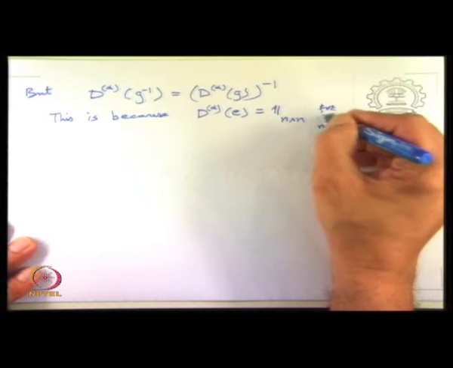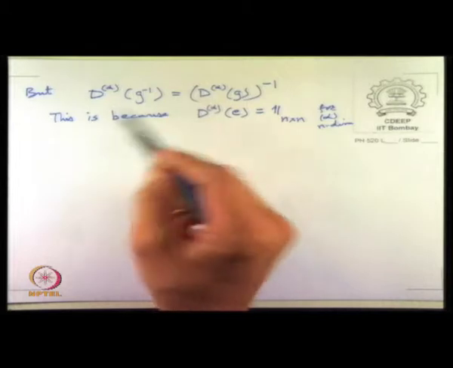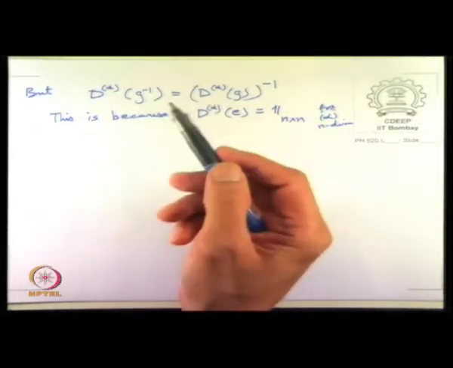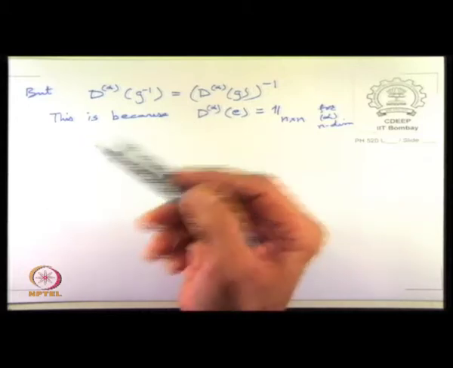If the representation alpha is n dimensional, then the identity matrix has to be represented by the identity matrix of that size, and therefore the inverse of a particular group element has to be represented by the inverse matrix of that group element.